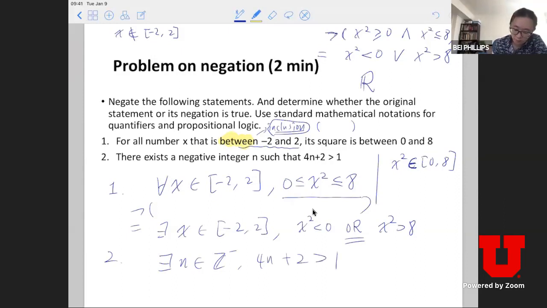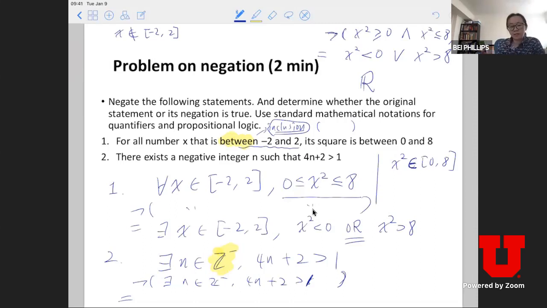Right. So of course, what is a negative integer? Usually it's this symbol, the Z integer with a minus on top. Okay, what is a negation then? We can do it together. I can copy it. So what would be the negation?